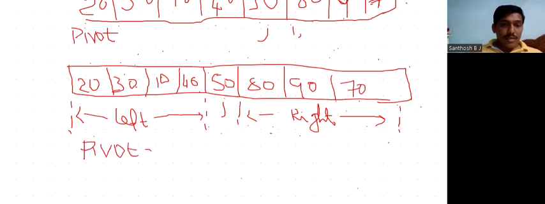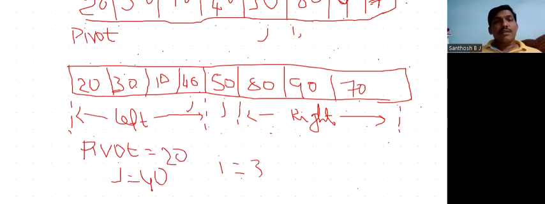In the left part, the pivot value is 20. The value of J is 40, and the value of I is 30.